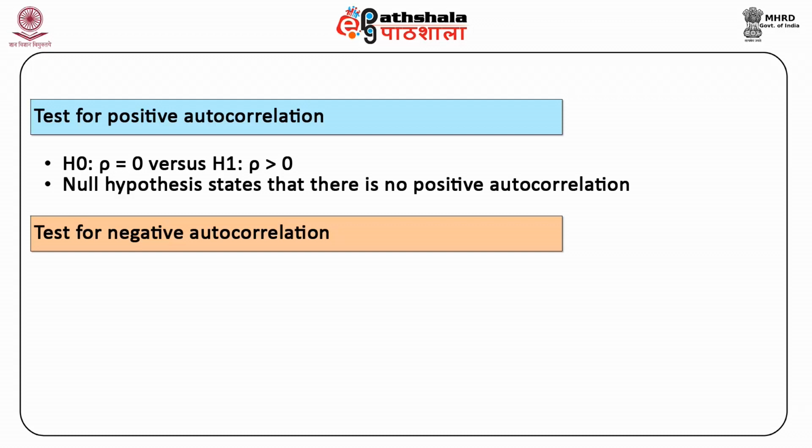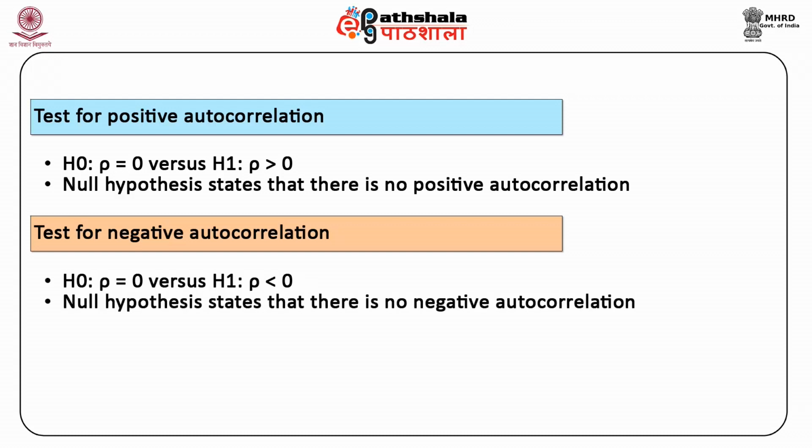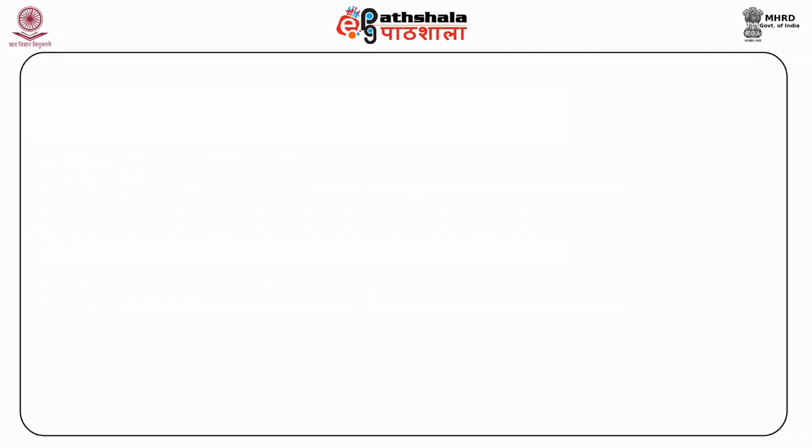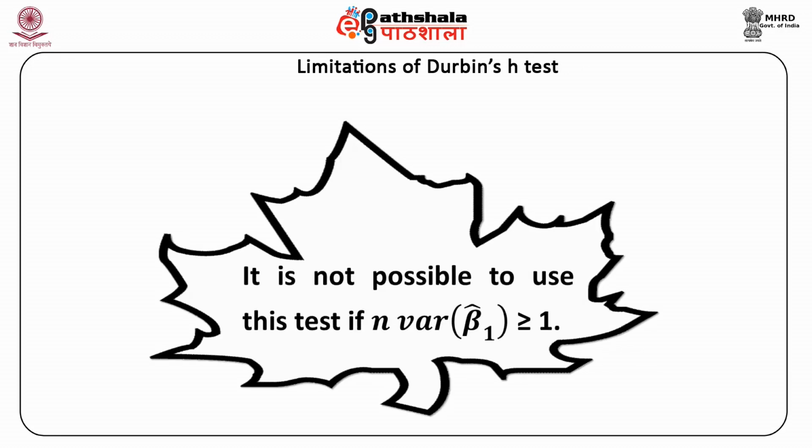Now we can represent null hypothesis H0 as rho equal to 0 versus alternative hypothesis H1 as rho less than 0. So the null hypothesis states that there is no negative autocorrelation. Let us understand the limitations of this h test. It is not possible to use this test if n into the variance of beta 1 hat is greater than or equal to 1.